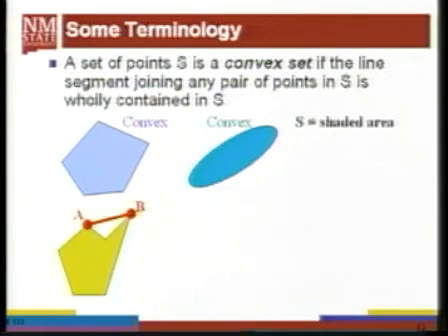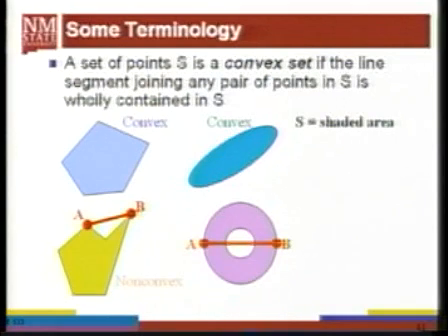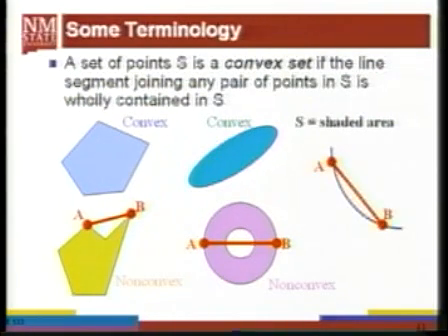Because in this figure, if you can see here, points A and B are in S. But there are points on the line segment AB that are not contained in S, right? So this is not convex. What about this? For the same reason, this is not convex, right? And what about this? This one is not convex either, right? Likewise.